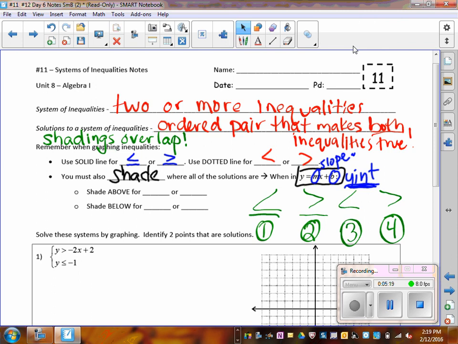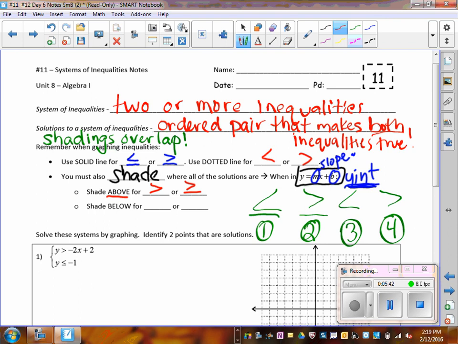Now we told you this before briefly when we did shading inequalities, and we're going to use it more today. We shade above when our inequality is greater than or equal to. So when we see those, we're going to shade above.